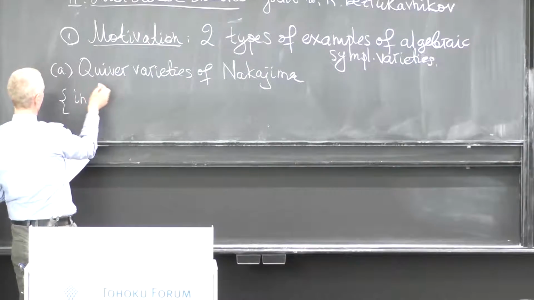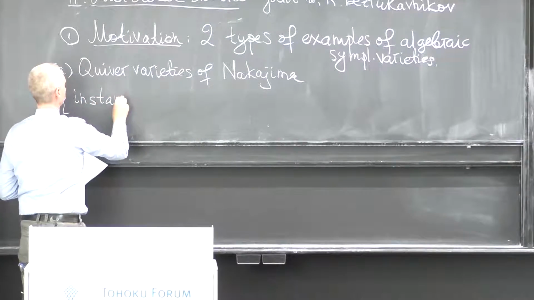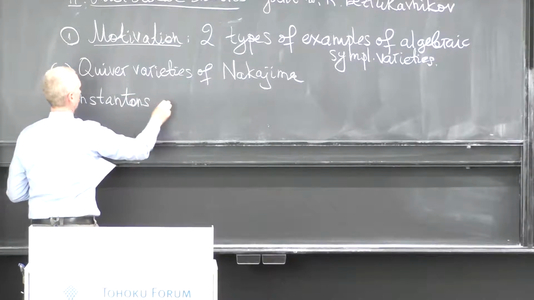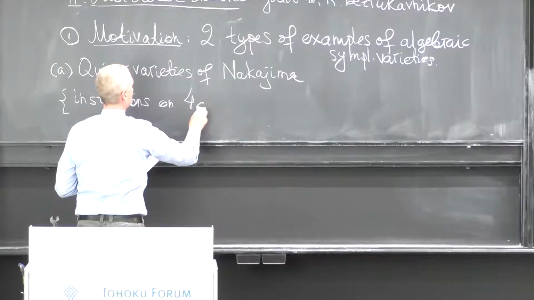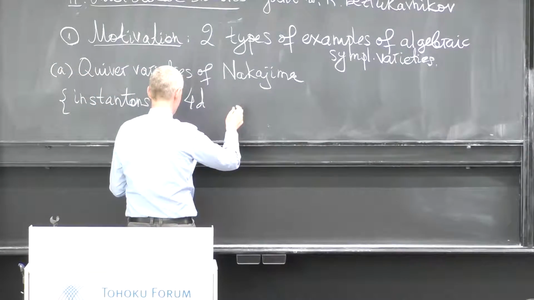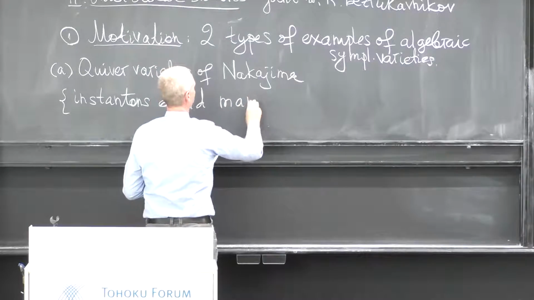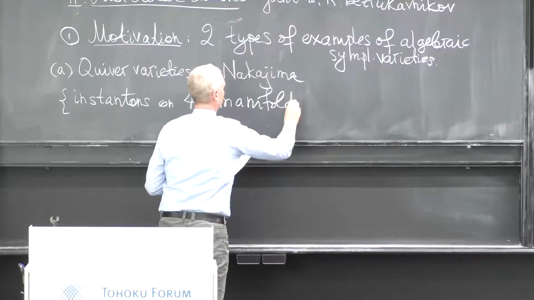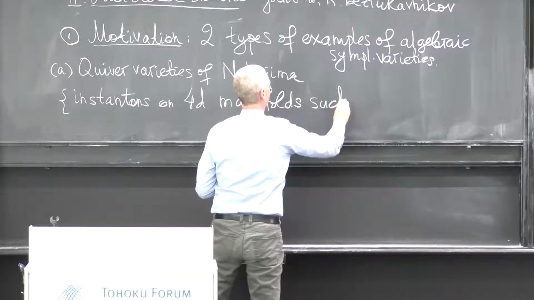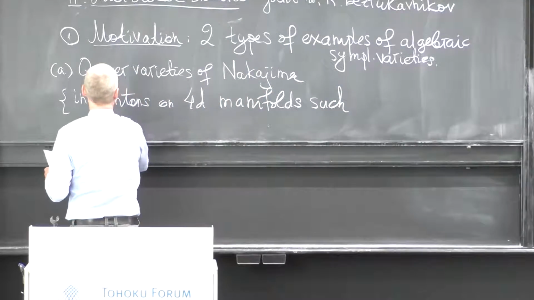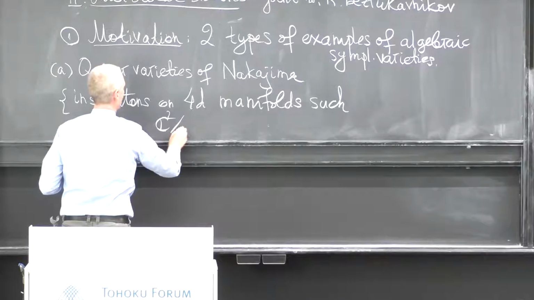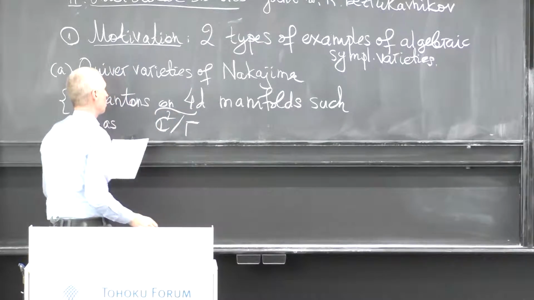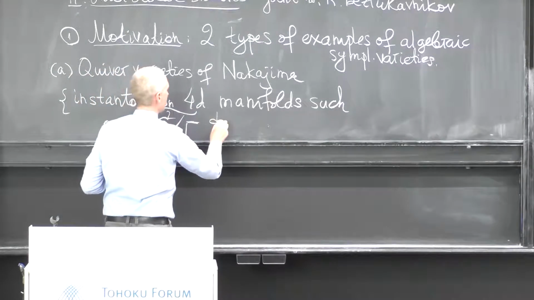So inside manifolds, such as, we take C2 mod gamma and then the desingularization of Klein singularities.